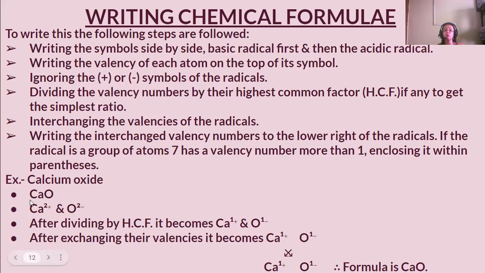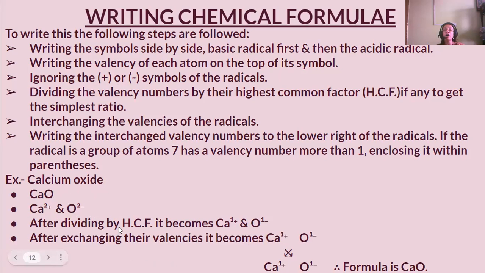We are writing the formula as CaO. Ca, that is calcium, we write the basic radical and then the acidic radical. Calcium has 2 positive valencies and oxygen has 2 negative valencies. We ignore the positive and negative signs of the radicals.